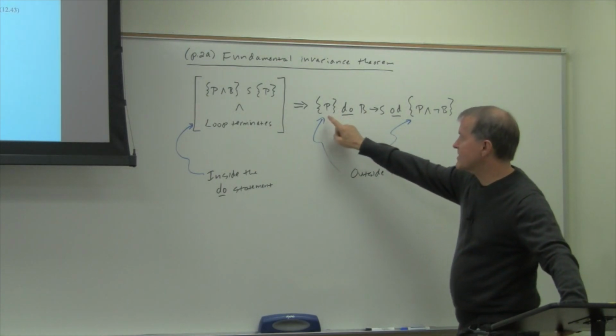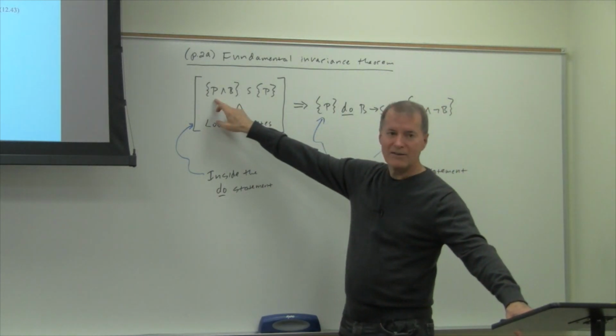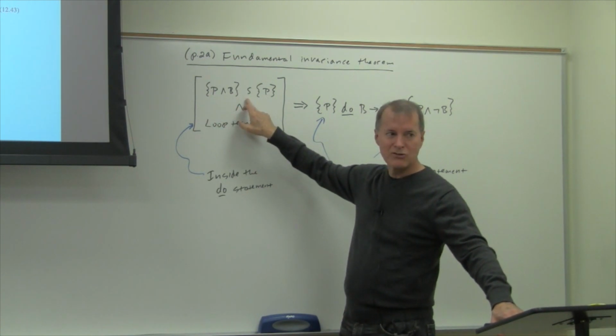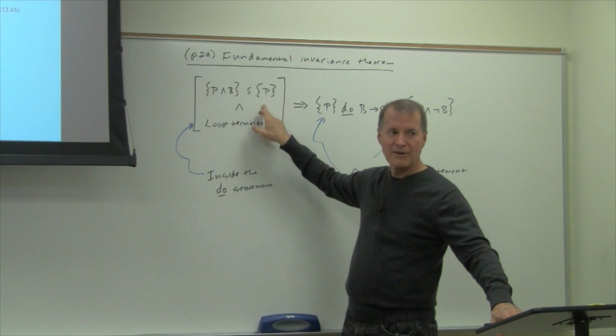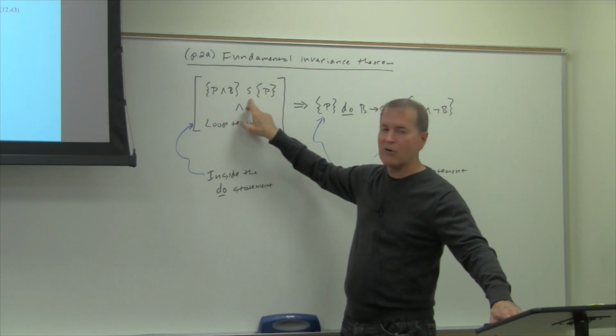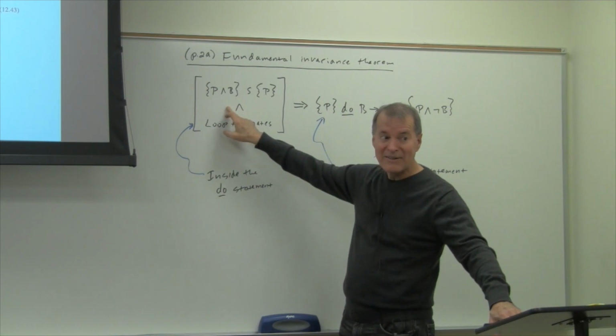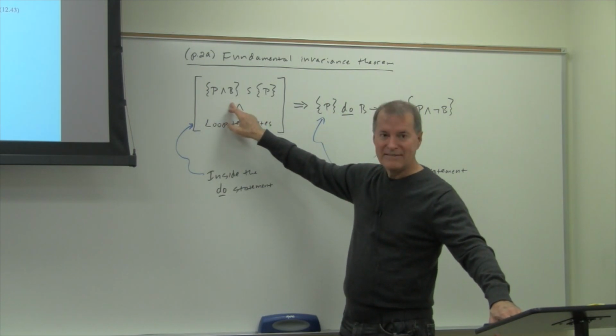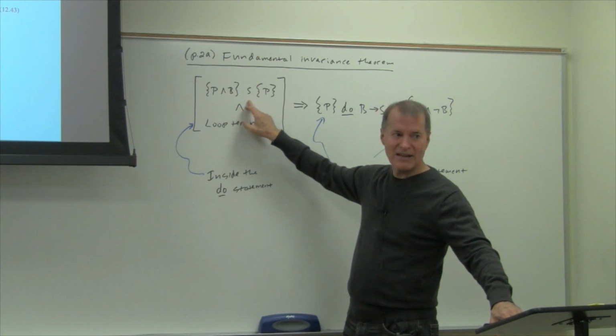So what this is saying is that if P is an invariant of this statement, so it's true both before and after, then if you have P and B, and of course this statement only executes if the guard is true, this statement is going to execute.